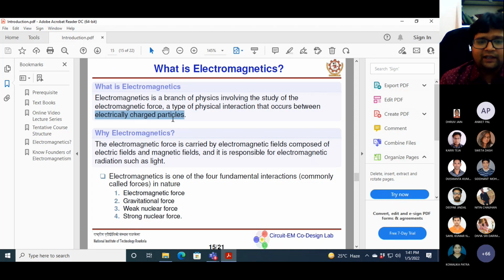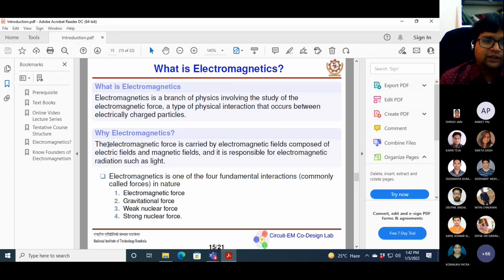You may have already understood in your Physics 1 or Physics 2 course that when a charged particle moves, it also produces a magnetic field. So electricity and magnetism are not separate phenomena, they are interrelated. Now why this term electromagnetics?